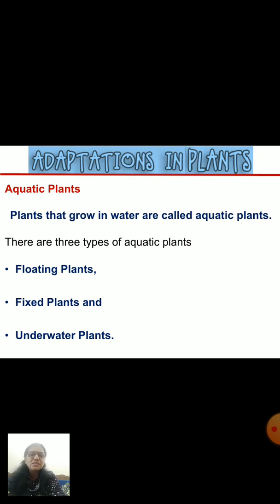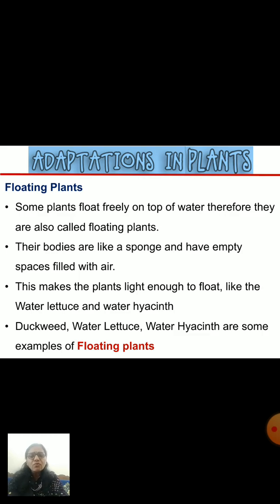Now we will discuss one by one. See here, floating plants. Some plants float freely on the top of the water, as I told you. Therefore, they are also called floating plants. The name itself suggests floating plants means they will float on the top of the water.